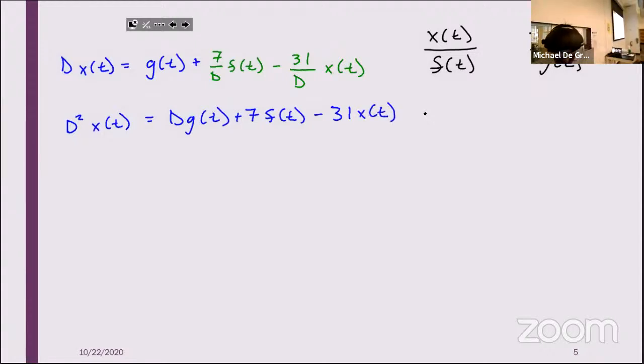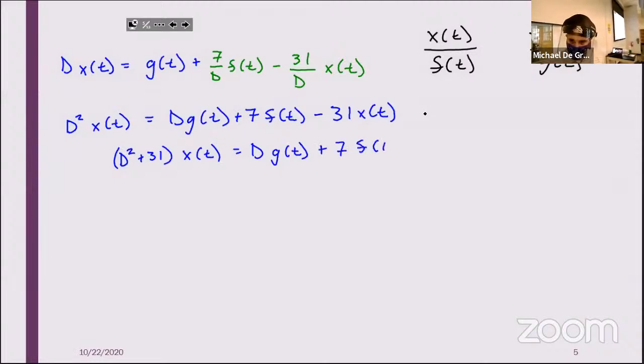Then I'll bring this x of t over to this side, so I'll get d squared plus 31 quantity times x of t is equal to d g of t plus 7 f of t. And we're almost there.